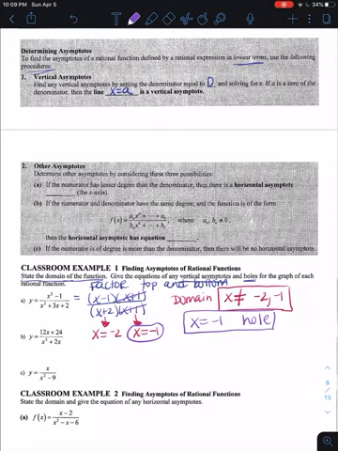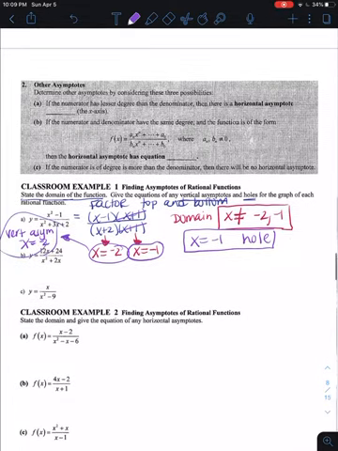So this is a hole. The vertical asymptote is what's left over, what didn't cancel out, which is x equals negative 2. So the vertical asymptote is x equals negative 2.